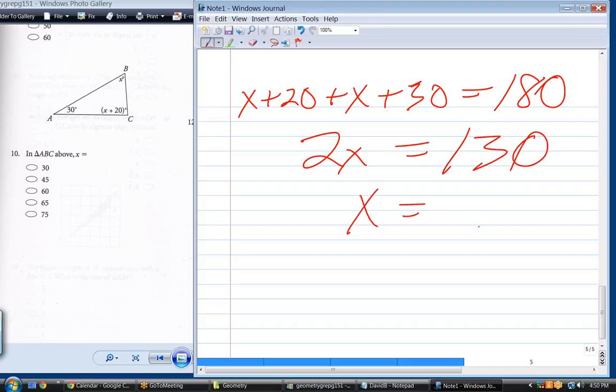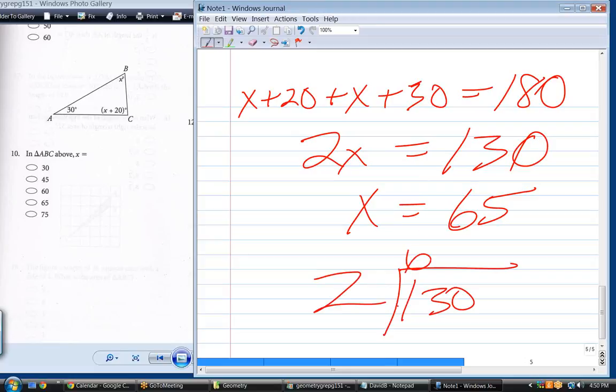So then that means 2x has to equal 130, so x is 65. Oh, sorry. It's okay. Always remember that if you're going to do this manually, and I'm going to divide 130 by 2, the first digit is 6. That'll save you from making that other mistake of coming up with 75.